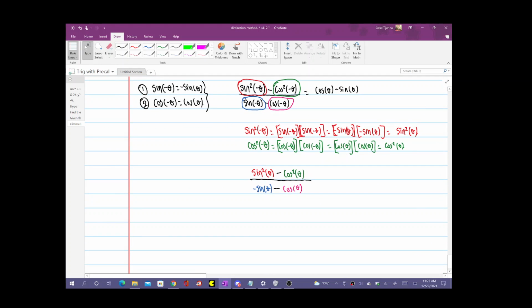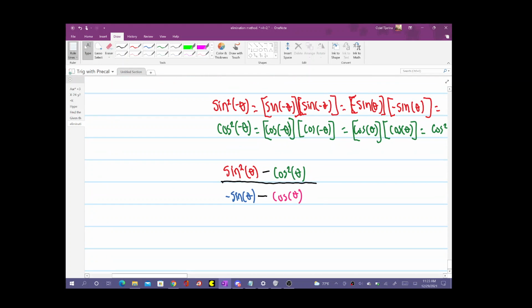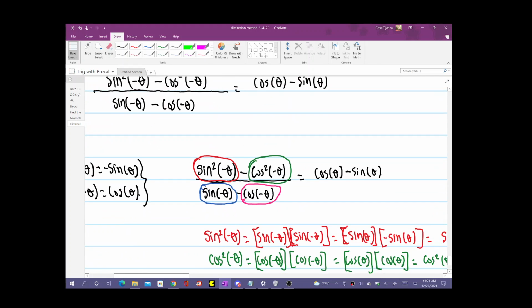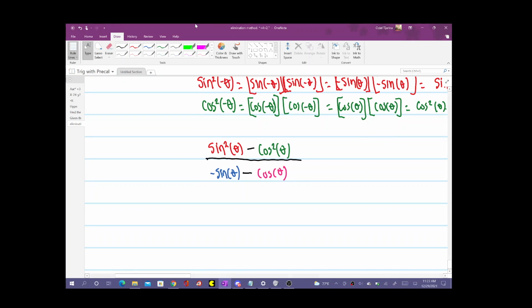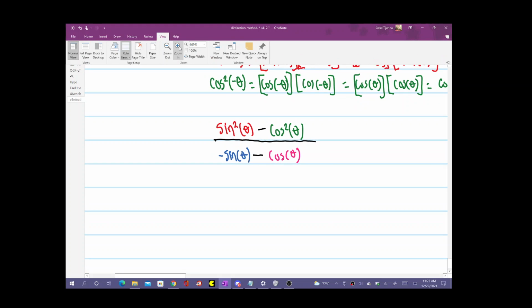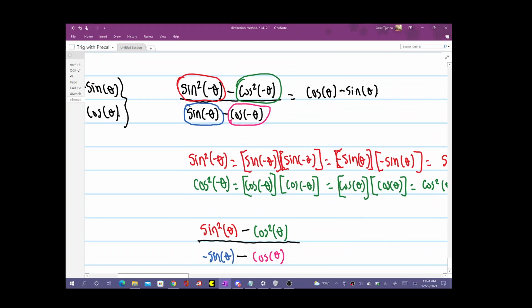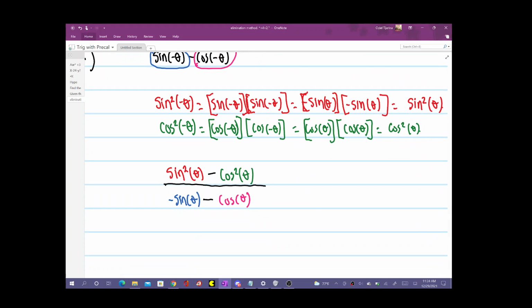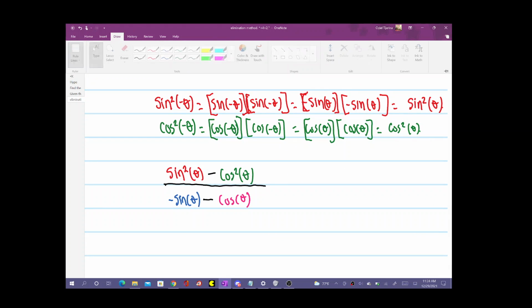So this in and of itself is supposed to be, like it says in the trig identity, equal to cosine of theta minus sine of theta. Okay? So let's write that down.